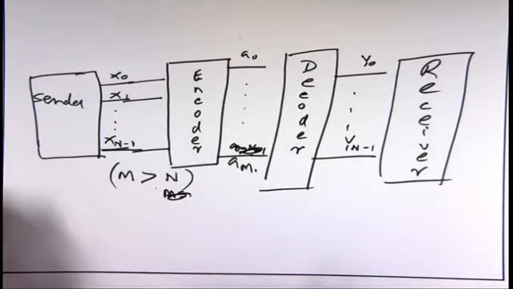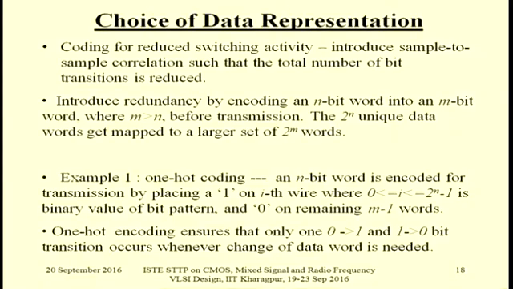One particular example we have taken here is one hot coding. In one hot coding, the value of m is 2 to the power n. That means it will involve a lot of area increase. But what is the gain that we are getting?